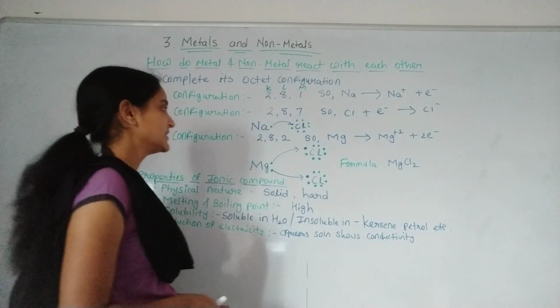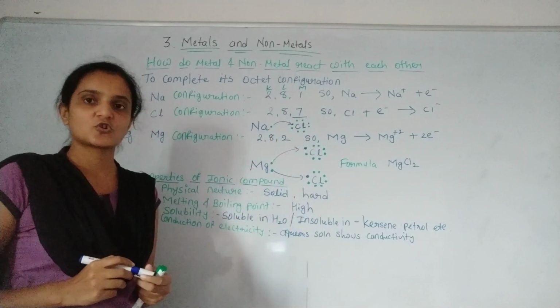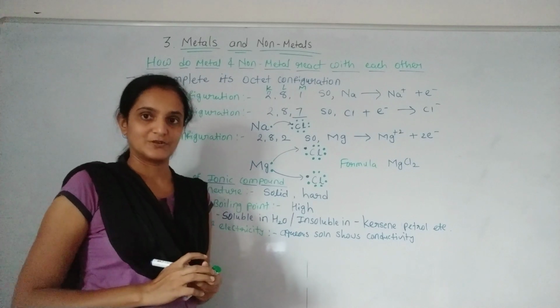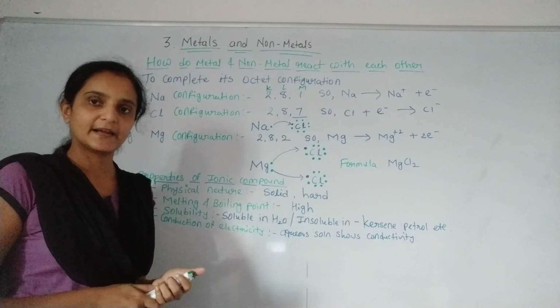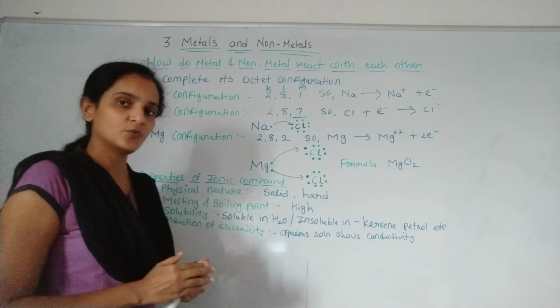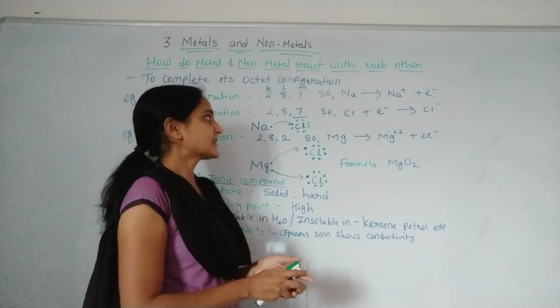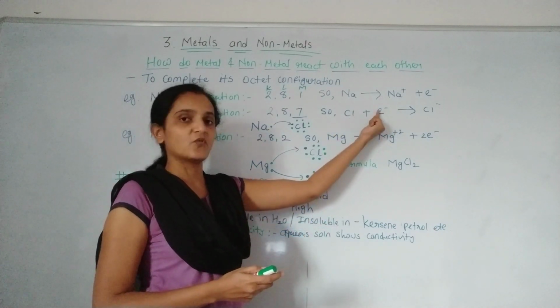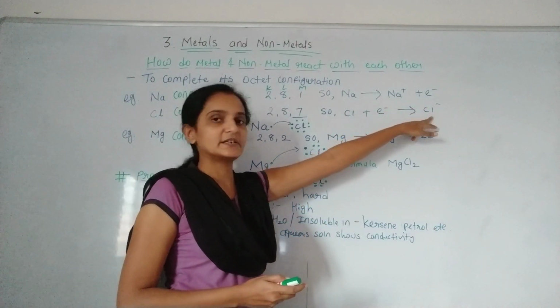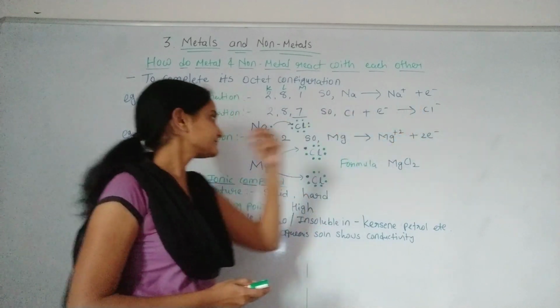As you can see here, the M shell is its outermost orbital, containing 7 electrons. It means it will require 1 electron to complete its octet configuration. So obviously it will gain 1 electron. Here chlorine gets 1 electron and is converted into a negative charge, that is Cl minus.